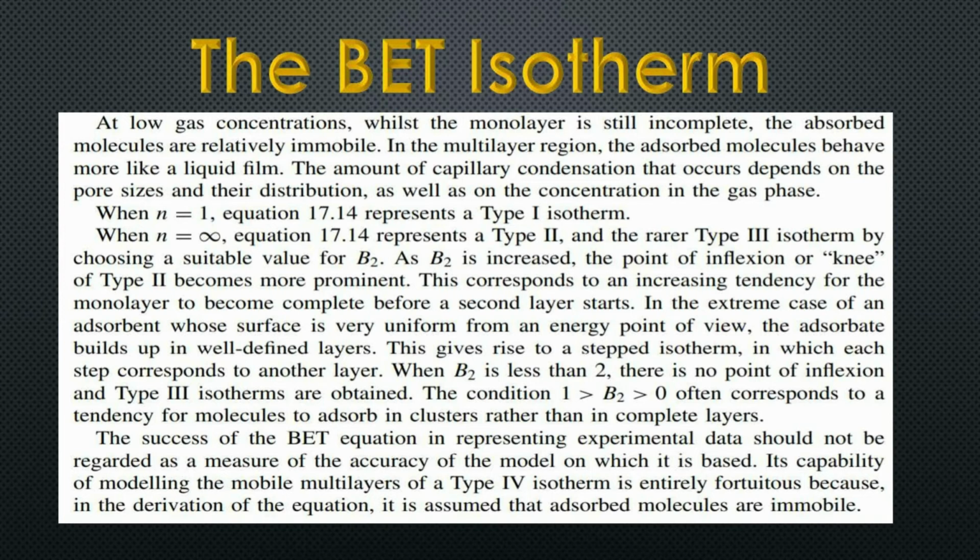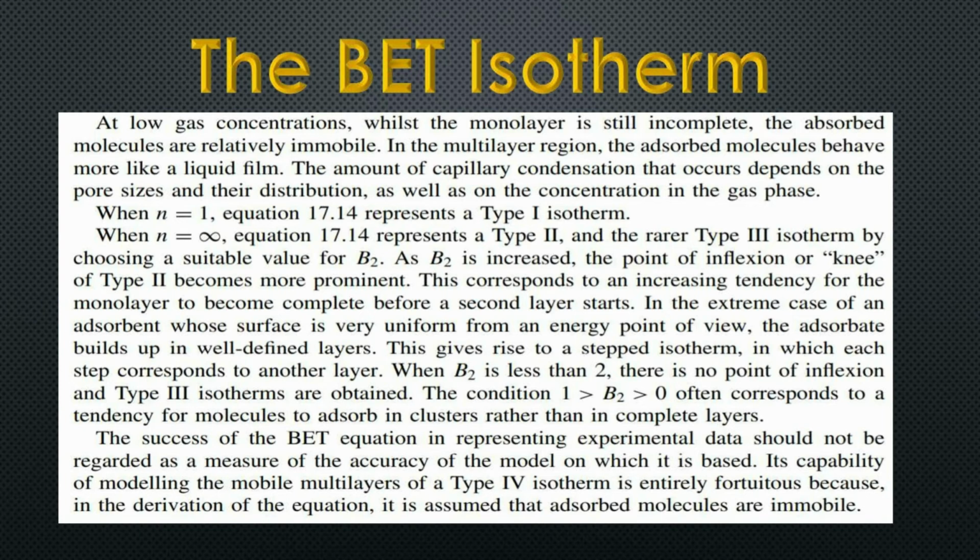The amount of capillary condensation that occurs depends on the pore sizes and their distribution, as well as the concentration in the gas phase. When n is equal to 1, equation 17.14 represents a type 1 isotherm. When n is equal to infinity, equation 17.14 represents a type 2, and the rarer type 3 isotherm, by choosing a suitable value for B2.